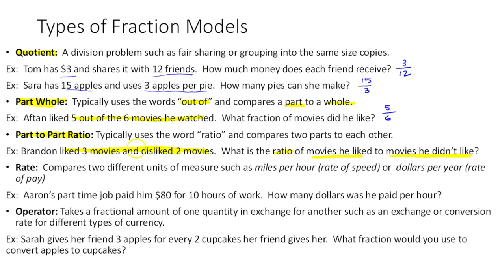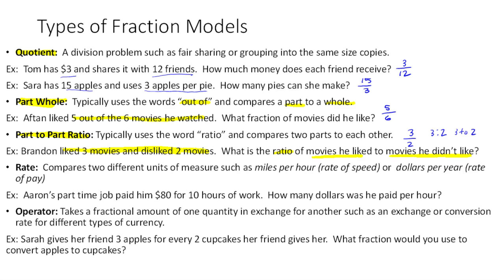And it's 3 movies compared to 2 movies. So the fraction that represents this would be 3/2. And just so you know, sometimes in this example you're going to write it as a fraction, but lots of times with part-to-part ratios we use a colon, or sometimes we use the language "3 to 2." Okay.